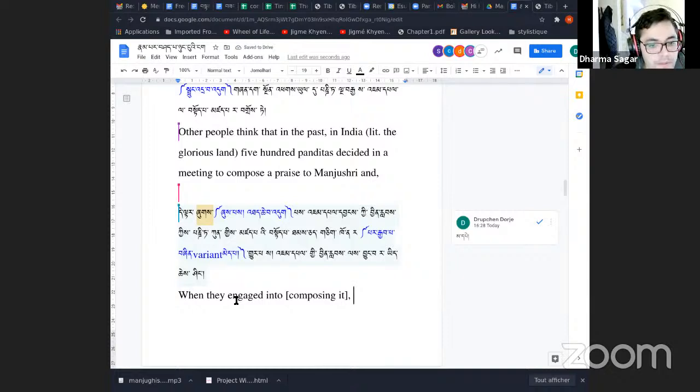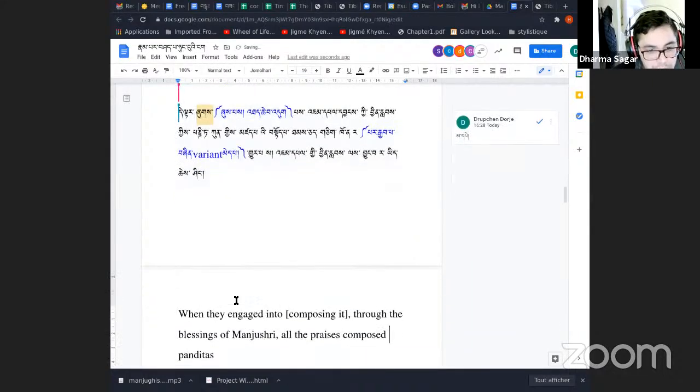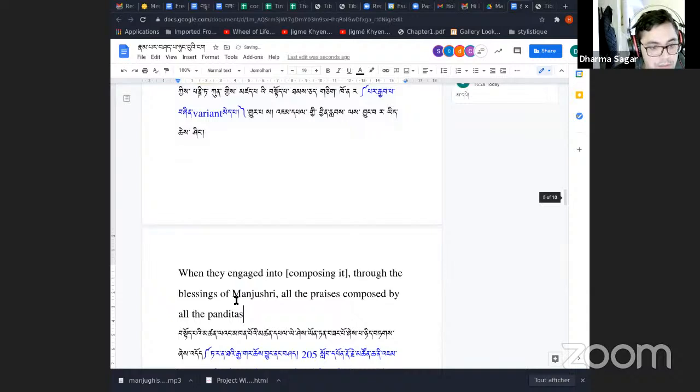Tetar Shukpe, through the blessings of Manjushri, the praises composed by all the panditas were actually a single, Chikonar Jurways, and became, literally that's what it says, became one single praise.